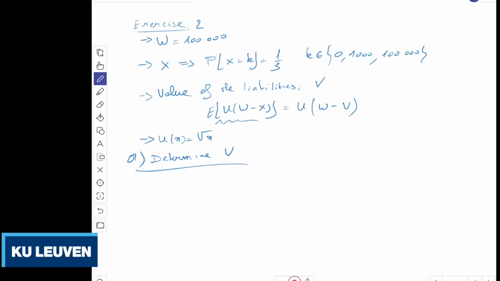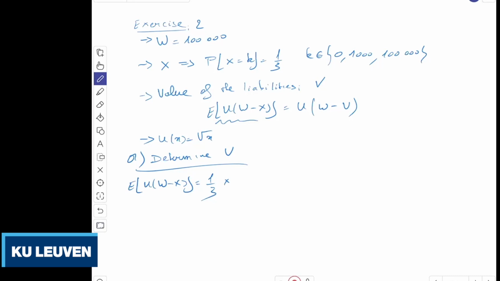So we calculate the expected utility, then take it to the power 2, and then we solve for V. So we calculate first the expected utility of W minus X, which is equal to, probabilities are always 1 over 3, so 1 over 3 times, your random variable X can take value 0, 1,000, 100,000, and W is equal to 100,000.